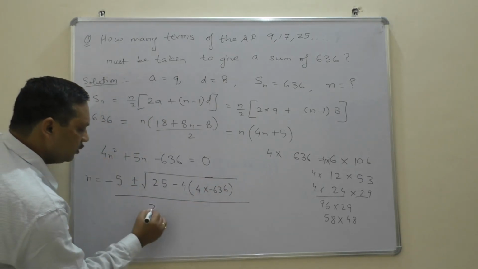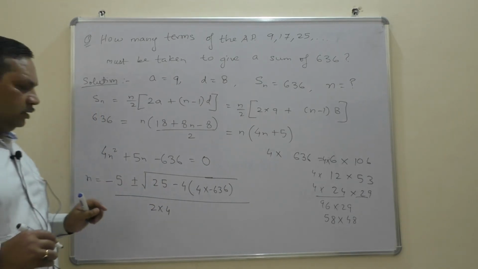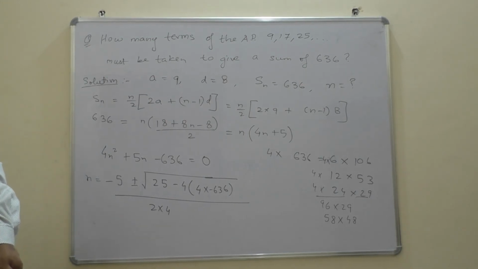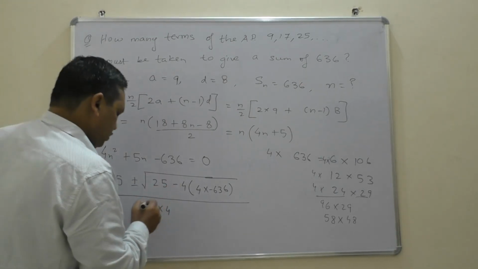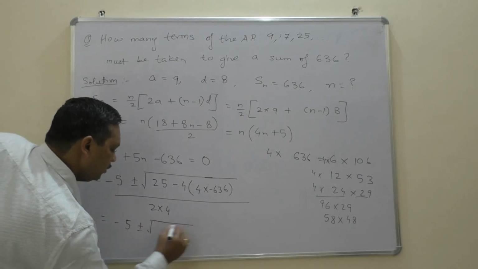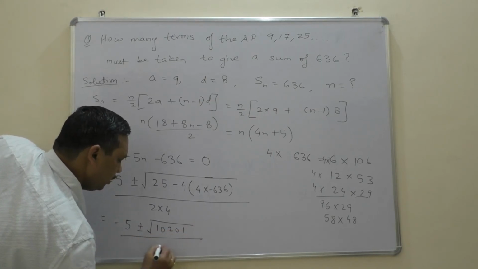What is a? 2 into 4. So it comes out to be minus 5 plus minus root of 10201 upon 8.